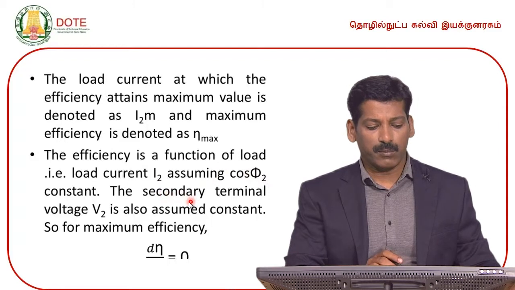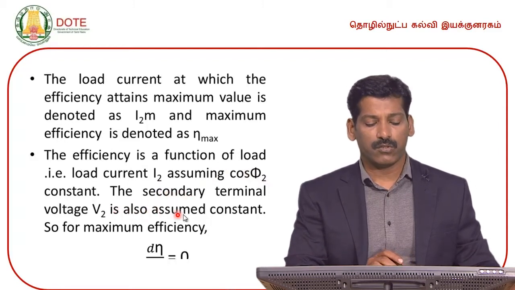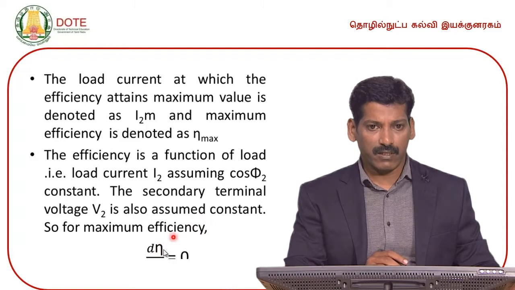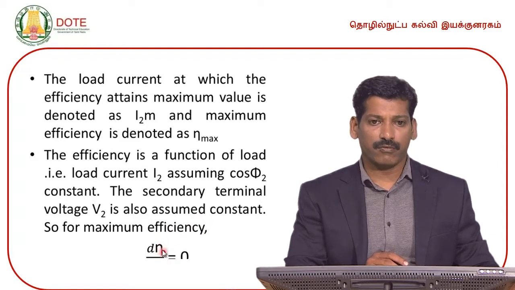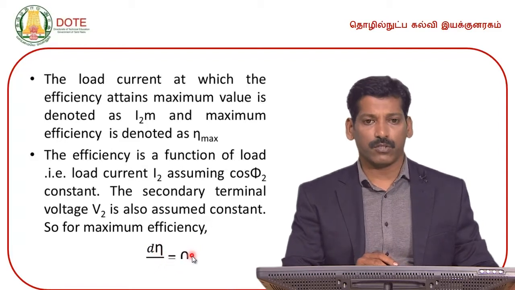The secondary terminal voltage V2 is also assumed constant. So, for maximum efficiency the condition is d eta by d I2, that is the rate of change of eta with respect to the current I2, should be equal to 0.